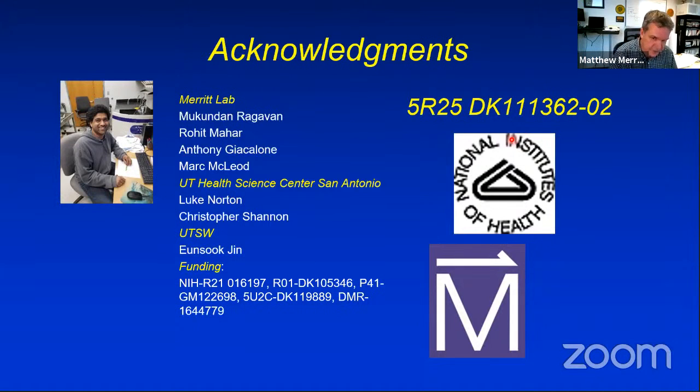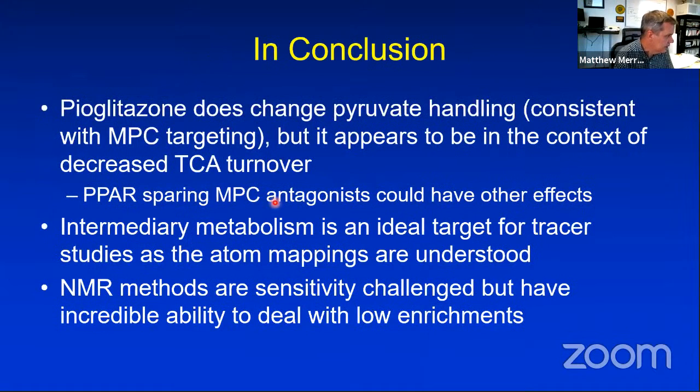You know, this final conclusion that I have here, I don't think it's well understood, the mechanism of how PO would downregulate TCA cycle turnover in such a significant way.